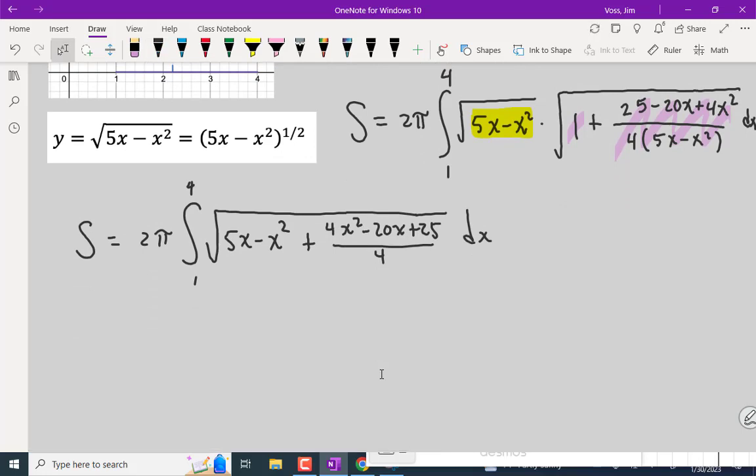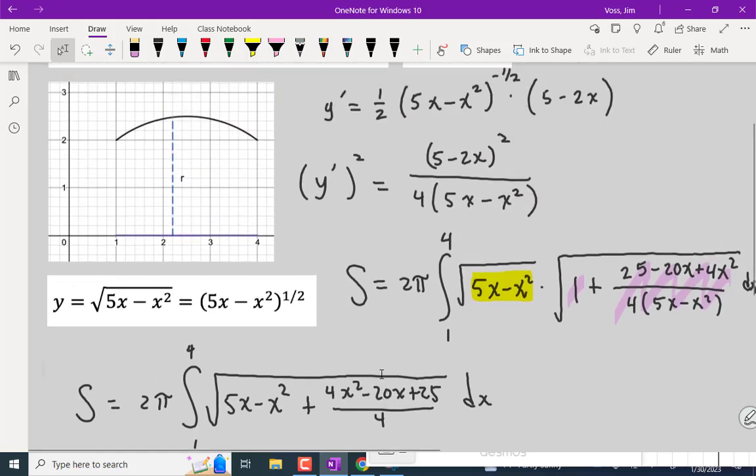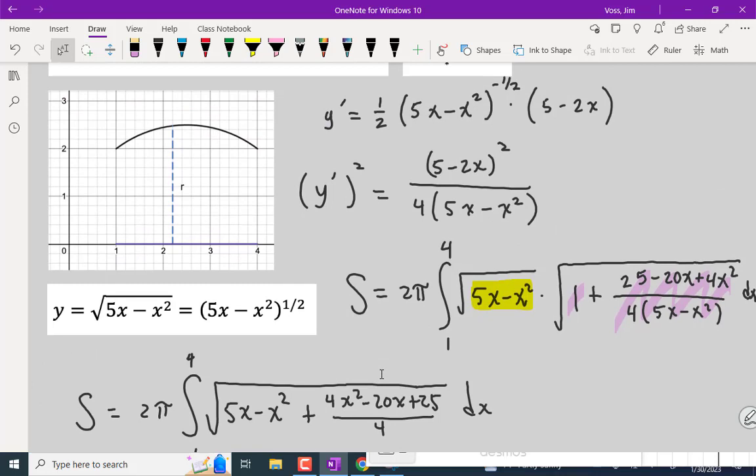So any algebra issues up to that point? Roberto? Actually, if you go up real quick, I had a question on the y prime squared. Wouldn't that be 3 over 2? If you square the y prime, we're going to square each part.